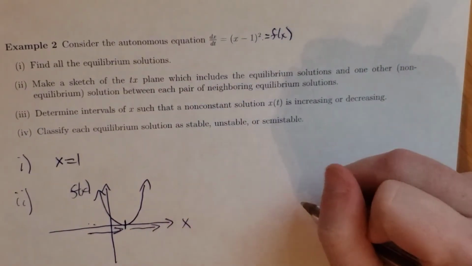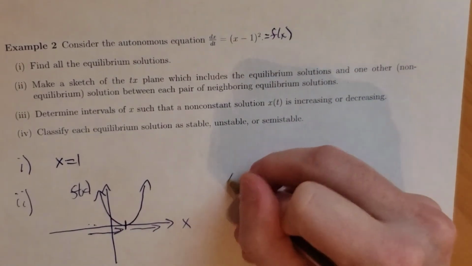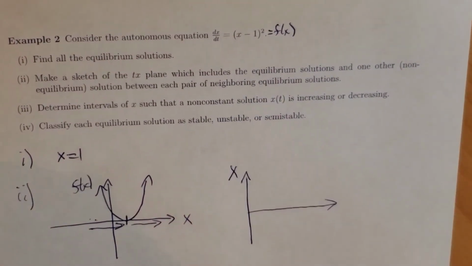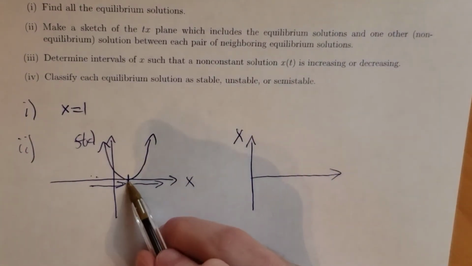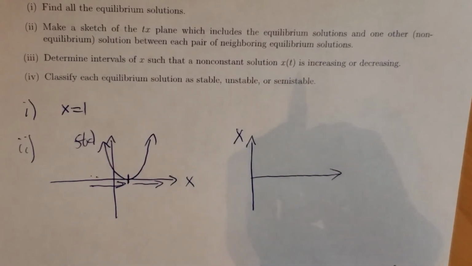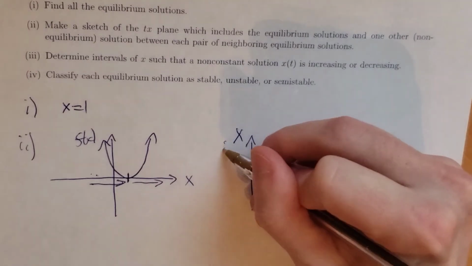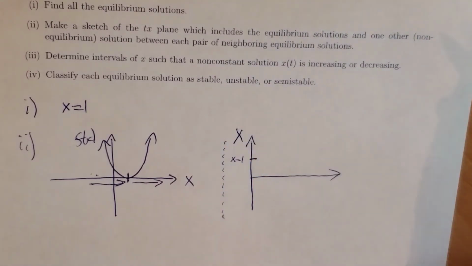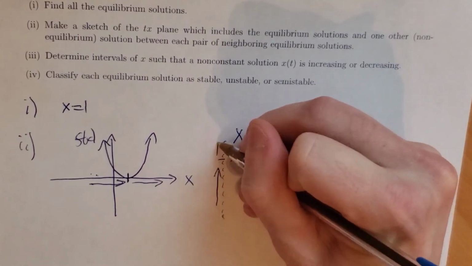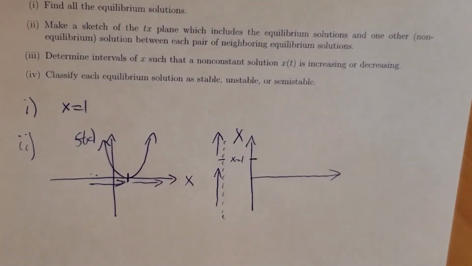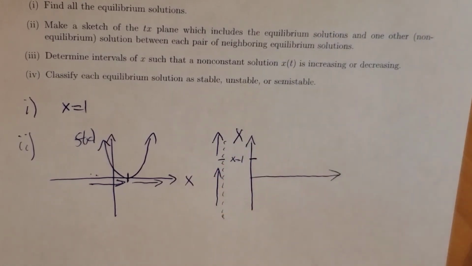So now let's draw our tx plane. And we have one equilibrium solution at x equals 1. We have our phase line over here where this is going up, i.e. our derivative is positive, so we're drawing an arrow that goes up.